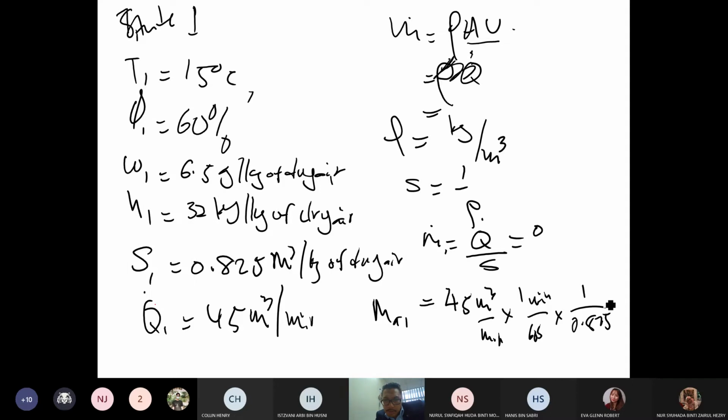This is M cube. Okay, 0.825. Saya nak tulis unit kat sini tak cukup ruang.